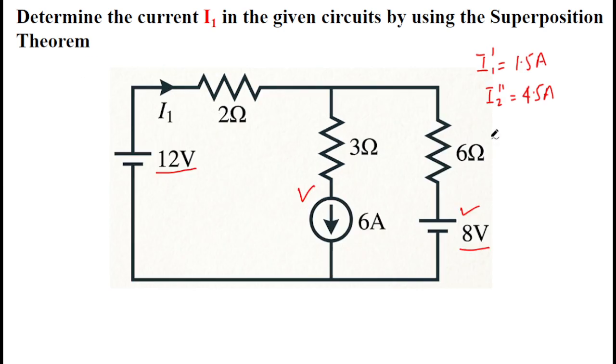The total current I1 is the summation of all these currents. 1.5 plus 4.5 is 6 ampere, and when you deduct 1 ampere, I1 becomes 5 ampere. So the value of the current I1 due to all three sources is 5 ampere, and it can be found very easily by applying the superposition theorem.